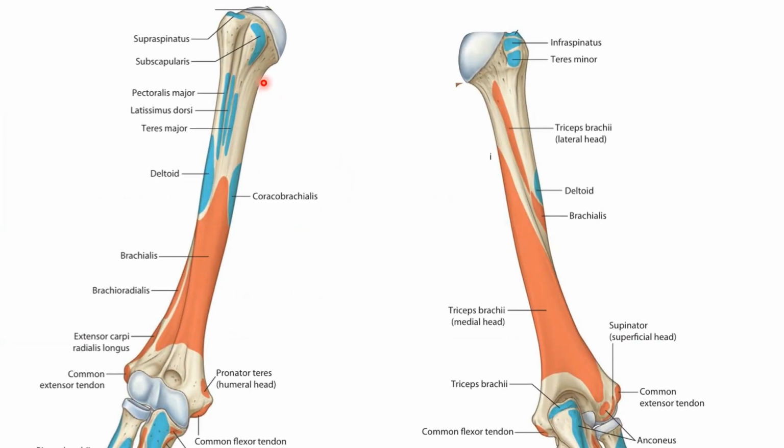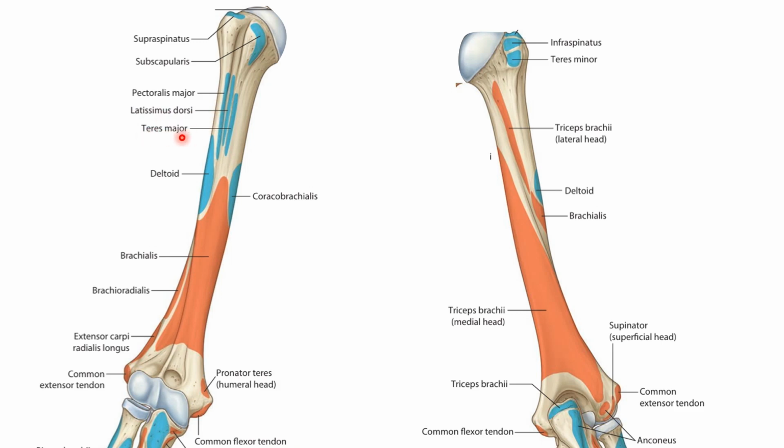Okay, you can see this is supraspinatus, this is infraspinatus, and this is teres minor, inserting to the greater tubercle. This is the subscapularis muscle inserting to the lesser tubercle. This is pectoralis major inserting to the lateral lip of the bicipital groove or intertubercular sulcus. This is latissimus dorsi inserting to the floor of the bicipital groove.